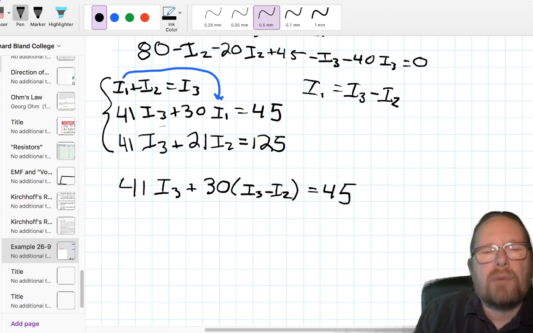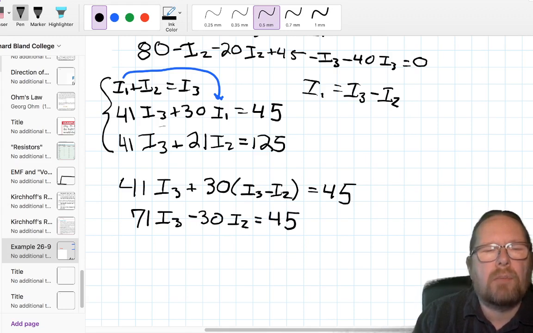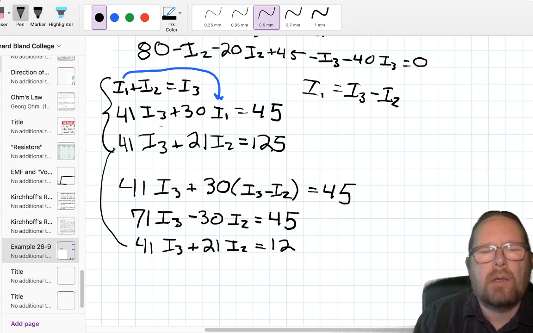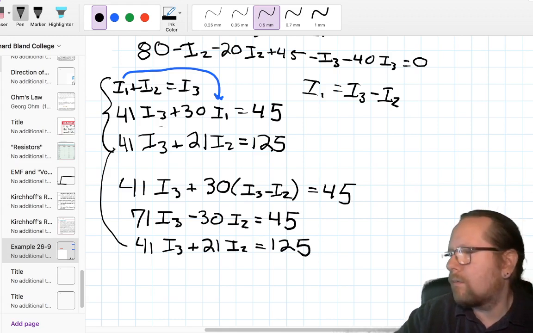So that's 41 I3 plus 30 I3, that's 71 I3 minus 30 I2 equals 45. And then we'll go ahead and we'll write the second equation below that. 41 I3 plus 21 I2 equals 125.